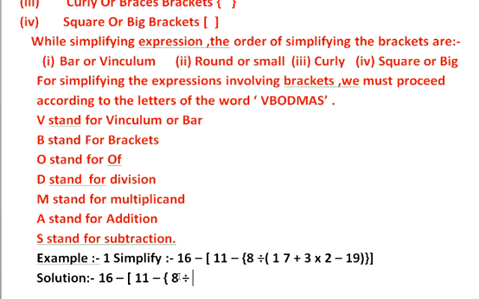In the small bracket there are three signs: plus, multiply, minus. Division is not given, so first we do the multiplication. So 17 plus 3 multiplied by 6 minus 19, and close the brackets one by one. First we close the last bracket, the small bracket, then curly, and at last square.